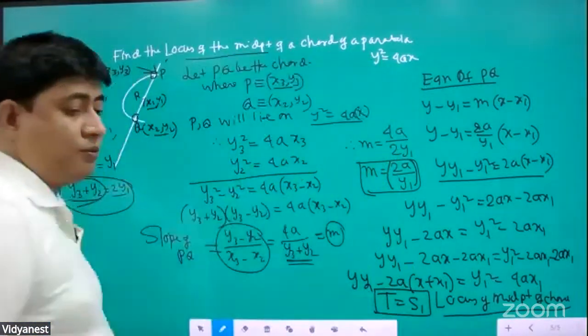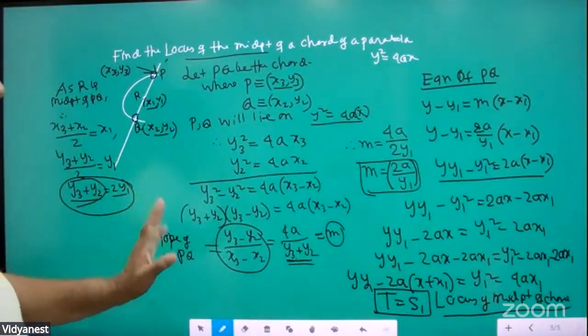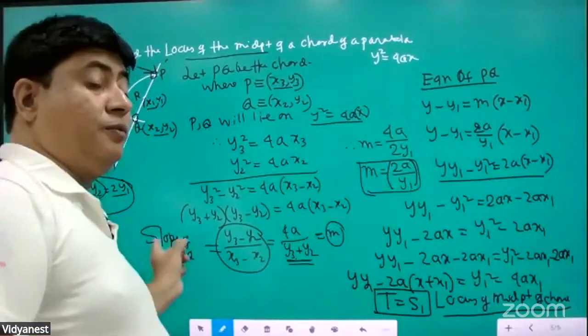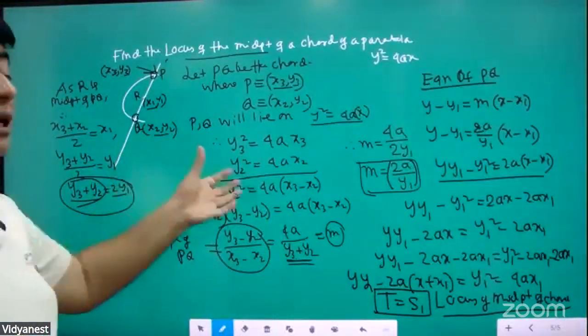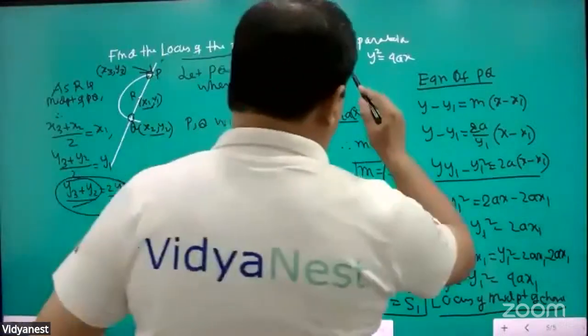Okay, the locus of the midpoint of a chord. So this is the use of that expression which I wrote a few minutes back. Hope you could follow. Now we will do one sum regarding this. Yes, sir.